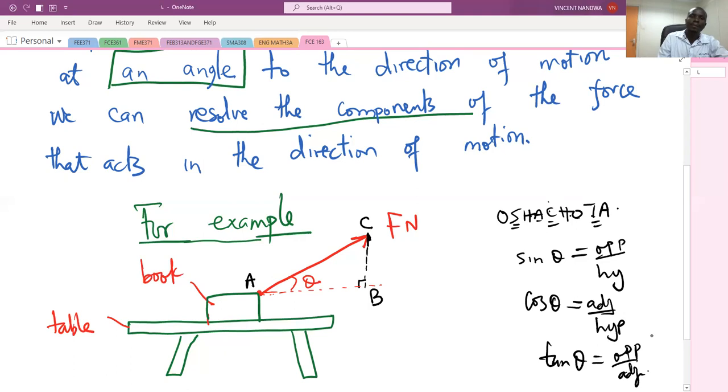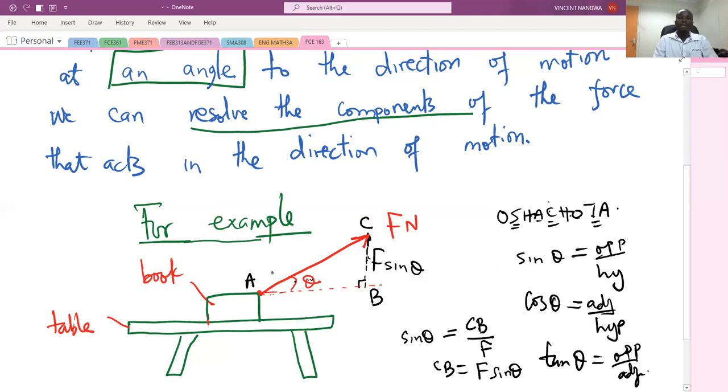So with respect to this angle, this side is opposite. The sine of this angle theta is BC over the hypotenuse, and the hypotenuse, the magnitude of the force, is F. So CB will be F sine theta.